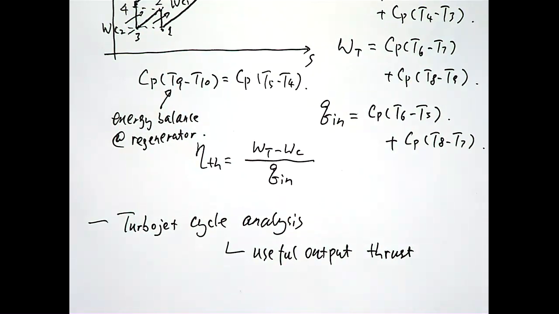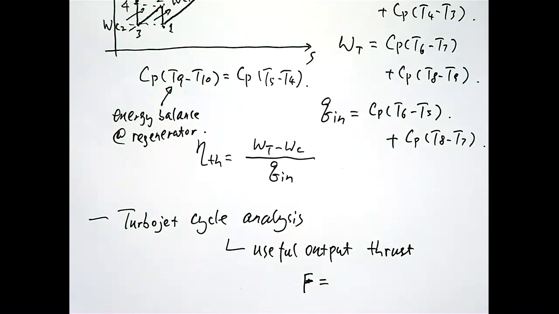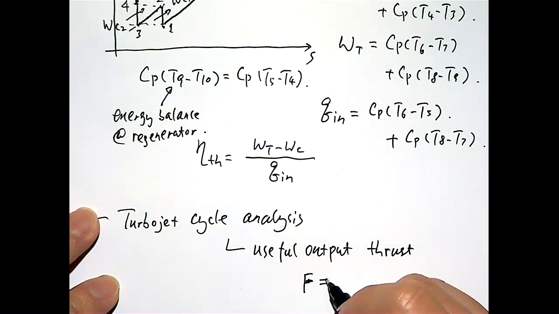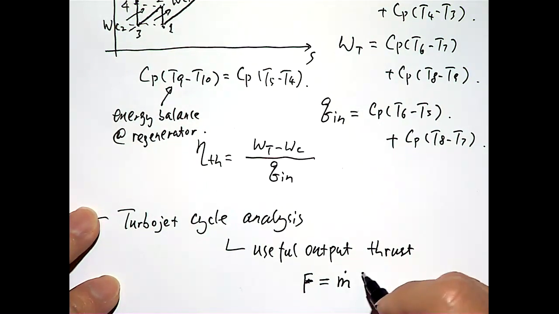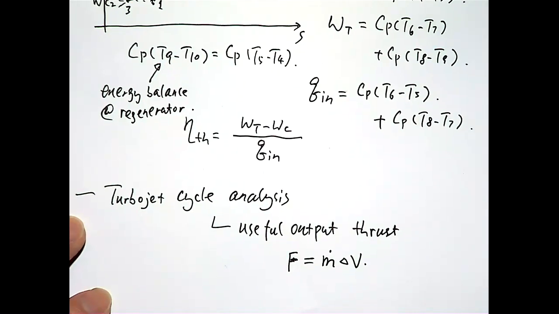So thrust is a force. If you want to calculate the thrust, it is basically an unbalanced force applied to the aircraft to push it to go, right? So the force can be calculated as m dot delta v. The m dot refers to the amount of air that you can accelerate.